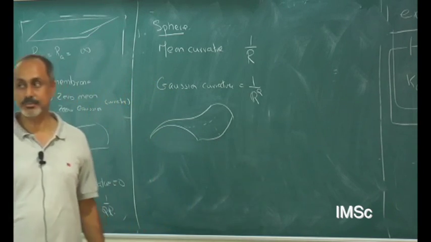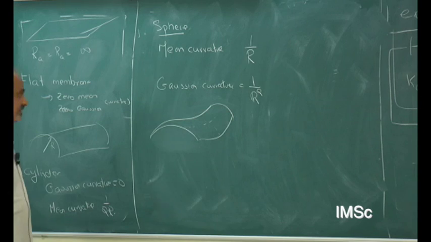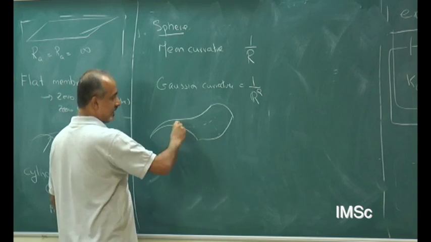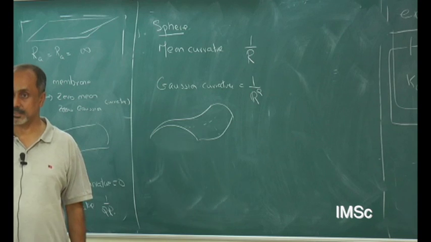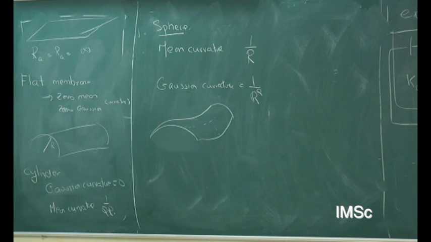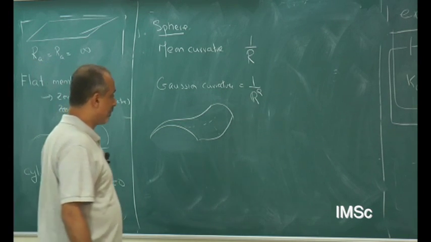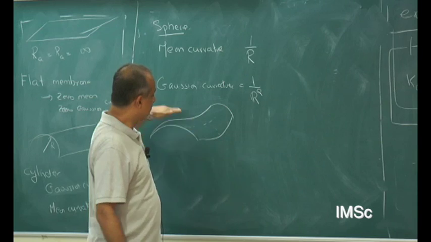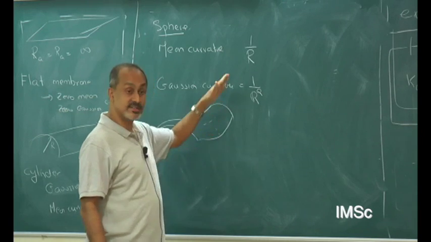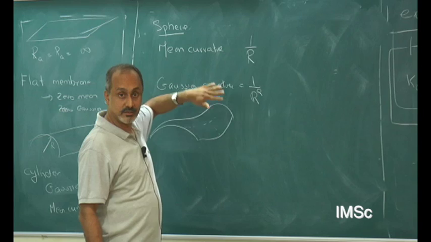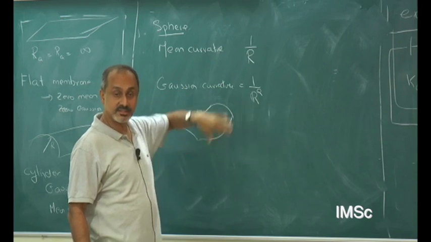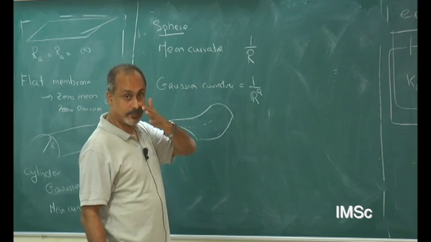Let us say that this has radius r and this has radius r on both sides, just to be symmetric. The important point is that one curvature is positive, one curvature is negative, because the curve comes down in one direction and goes up in the other direction.